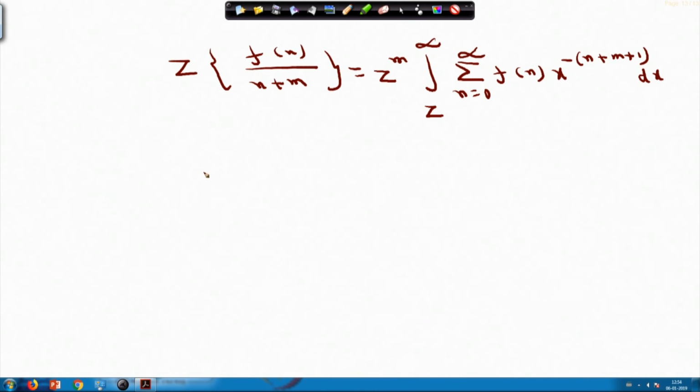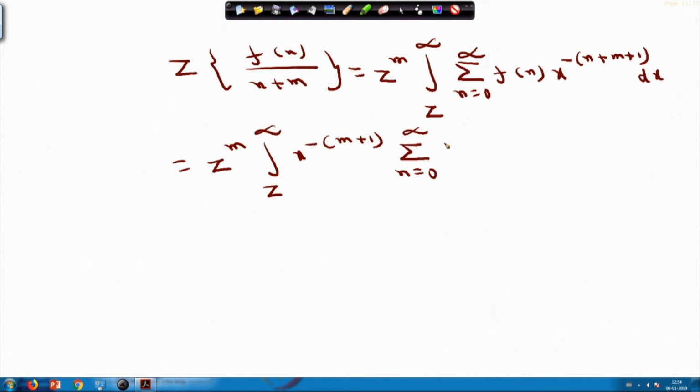And this equals, again, you can write z to the power m into the integral from z to infinity of x to the power minus m plus 1, which I can bring outside here, and this I can write as the summation n equals 0 to infinity of f n into x to the power minus n, into dx.